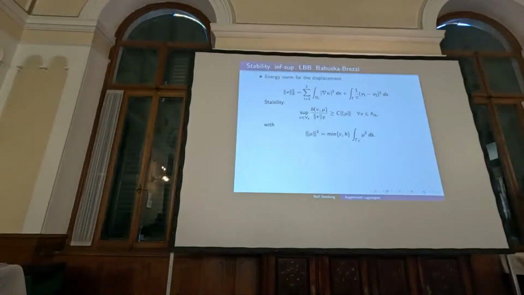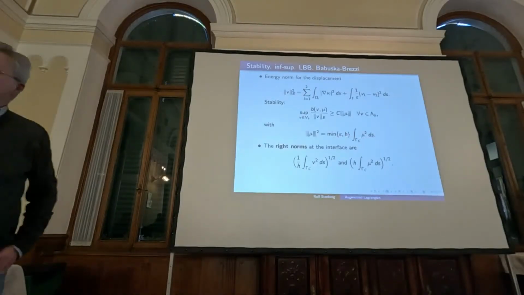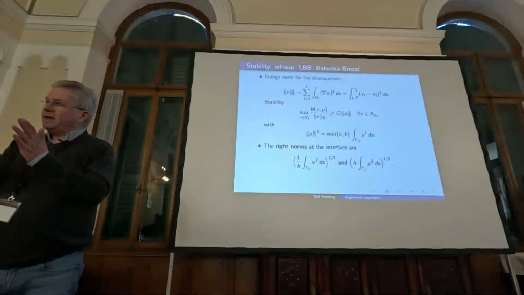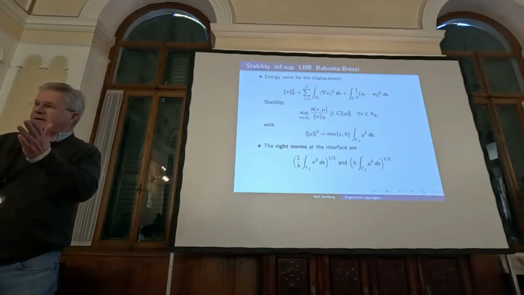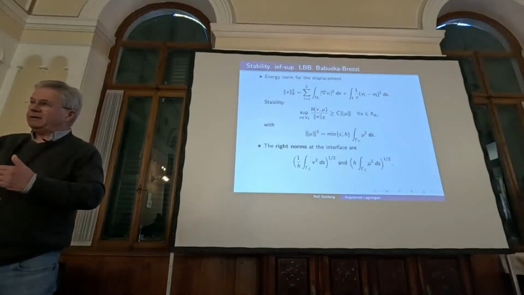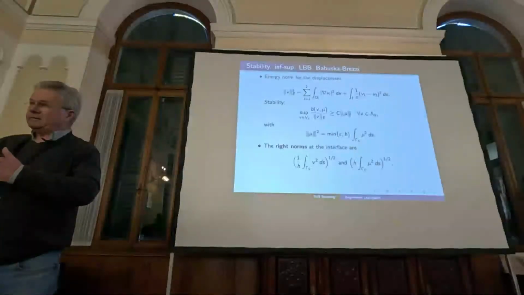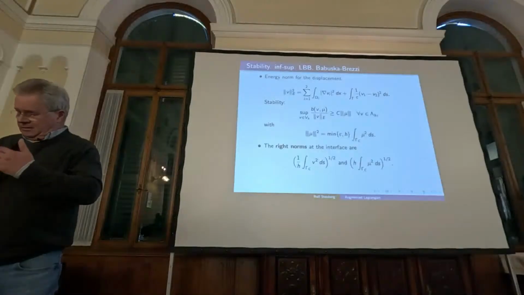And when you prove the inf-sup condition with small epsilon, what you would like to get is h times the L2 norm, but you don't get full stability. So when epsilon is small, you get too much stability for the displacement, and for the Lagrange multiplier you get less stability.